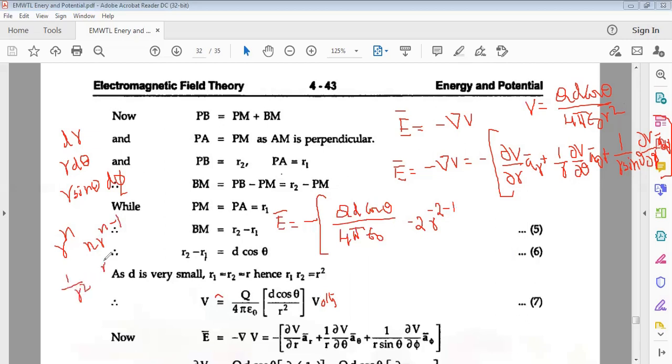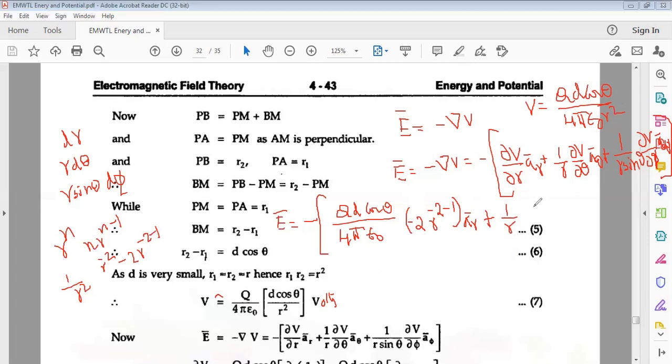The derivative is r power minus 2. So minus 2 into r power minus 2 minus 1 is the derivative of 1 by r, into a r bar, is a r bar plus the second term, 1 by r into dou v by dou theta. The v we got is q d cos theta by 4 pi epsilon naught r square.